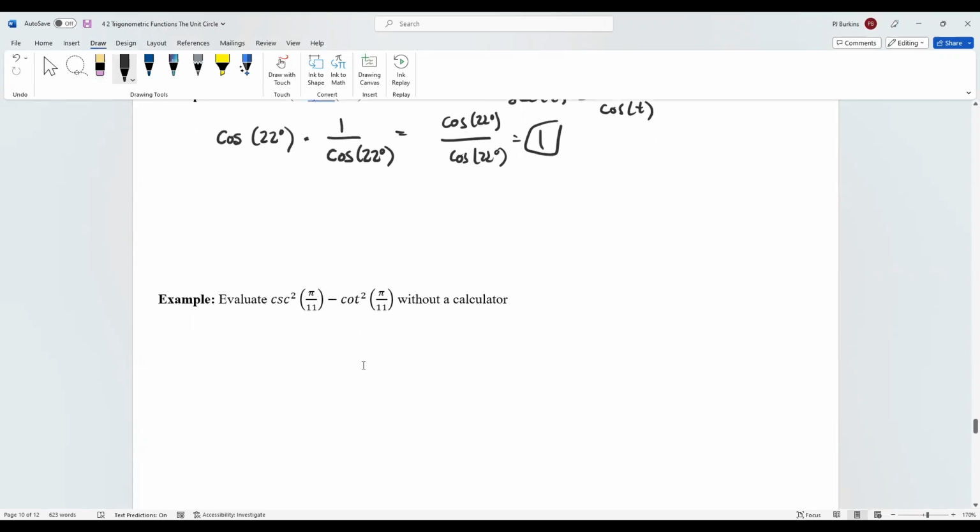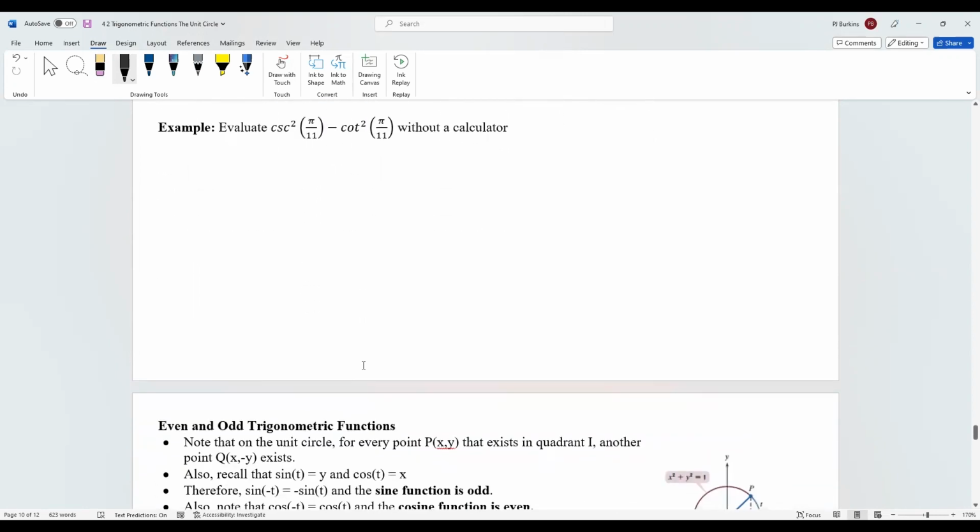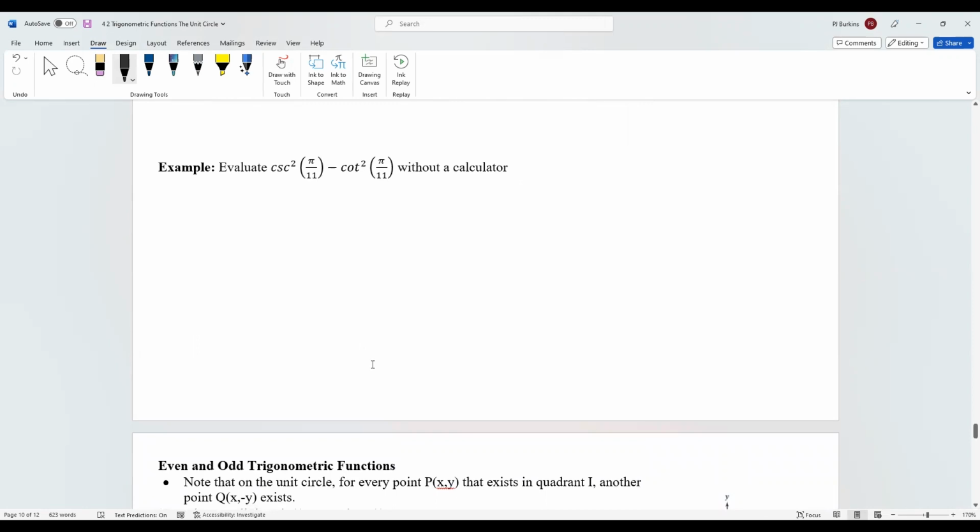All right. Let's continue on to this one. So we have cosecant squared and cotangent squared. So off the top of my head, I don't know exactly what that is. Cosecant and cotangent, they're not functions that we deal with very often. At least they're not ones we happen to know off the top of our head all the time.